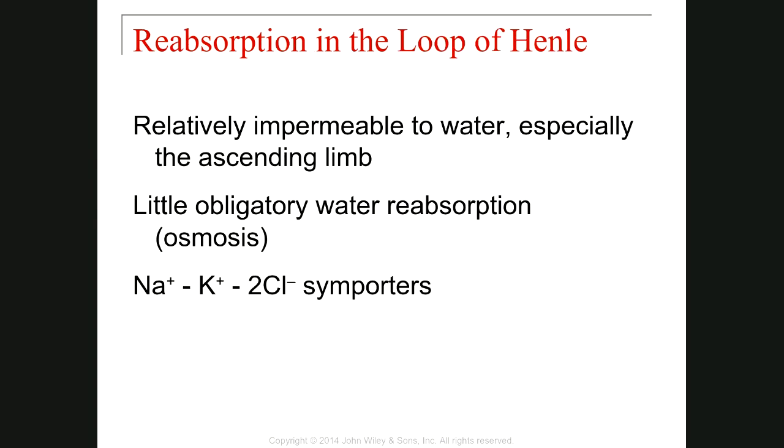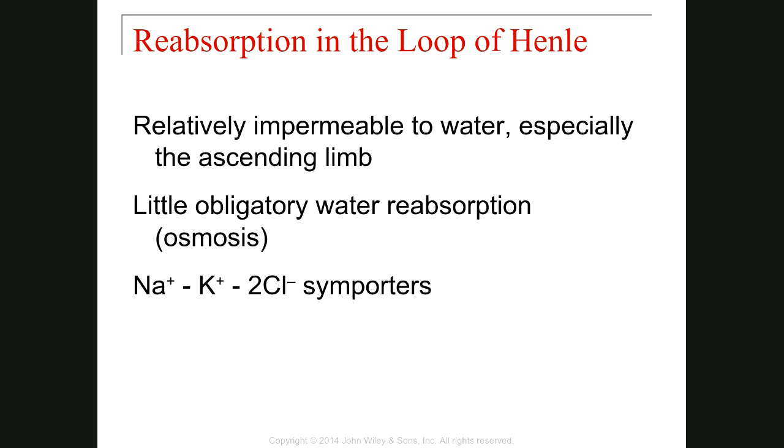The glucose, amino acids, and other nutrients, and about 65% of filtered water are reabsorbed as filtered fluid moves through the proximal convoluted tubule. As a result, the chemical composition of tubular fluid entering the next part of the nephron, which we call the loop of Henle, is quite different from that which we have in the glomerular capsule and the proximal convoluted tubule.